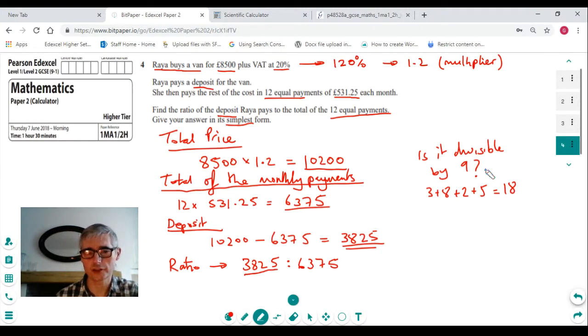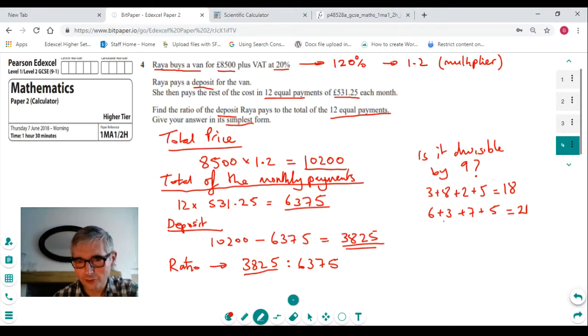And we can do the same for the second number. So if we add up all the digits, 6 plus 3 plus 7 plus 5, we've got 9, 16, and then 16 plus 5 is 21.